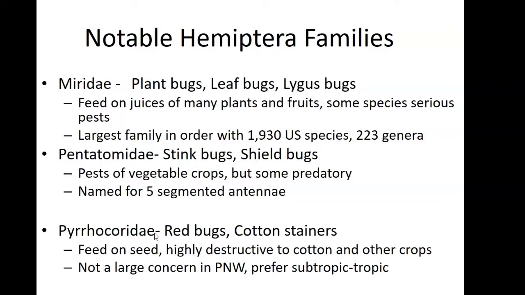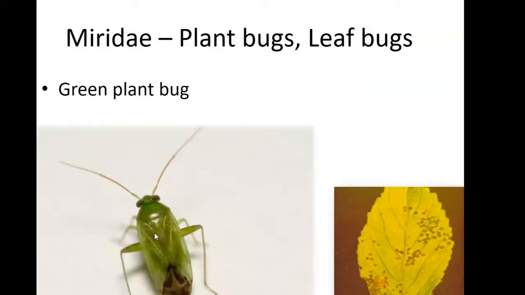But this was probably one of the most serious insects that we had. Actually, the boll weevil was the most serious one. But basically this comes in and it actually will be destructive to the actual cotton itself. Not anything that we have in the Pacific Northwest, so I'll kind of leave it there. I won't go search for the picture. But they prefer subtropic to tropic.